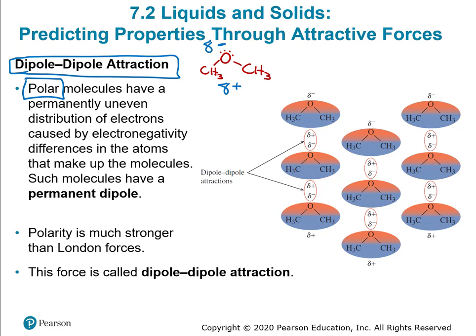Dipole-dipole are polar molecules, much stronger than London forces. And this creates a stacking. So these molecules want to hang out. These molecules want to start clinging together because of this opposite charge attraction.